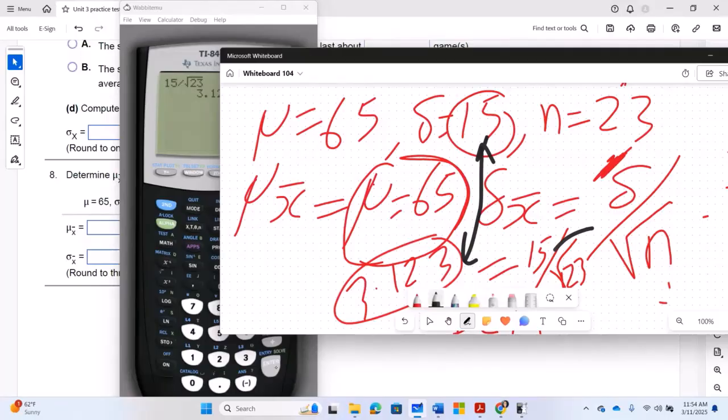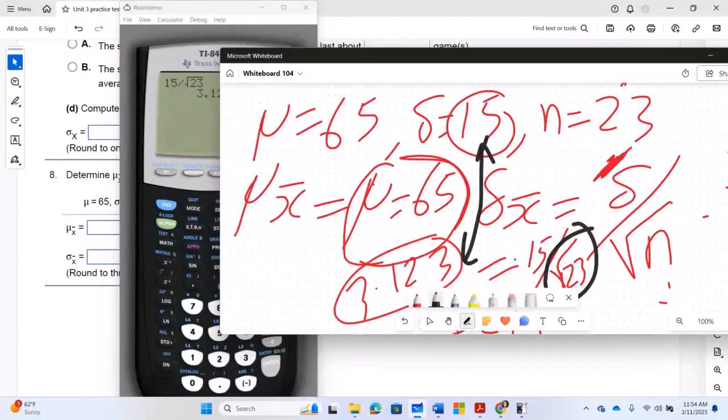Why? Because I'm always going to be dividing by the square root of sample size. Sample size could be 3, could be 4. So I'm dividing the standard deviation by a large number, and that's why my answer is smaller.